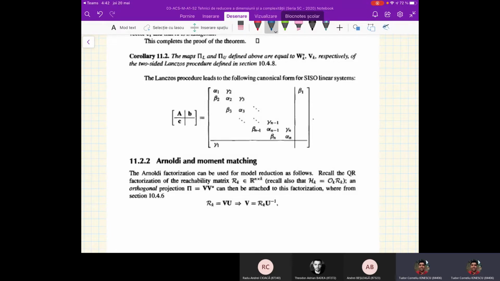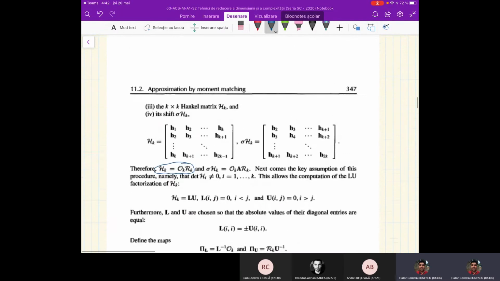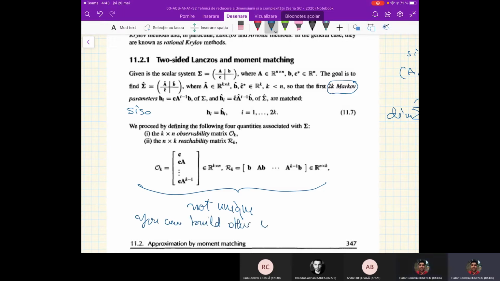Note that you'll see later on that these procedures can be generalized. You need not have only this. So this is about Markov parameter, building this. This construction is not unique. That's what I'm trying to tell you. You can build other O and R depending on the problem.